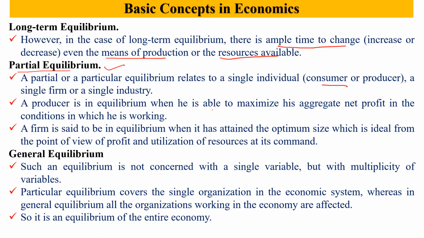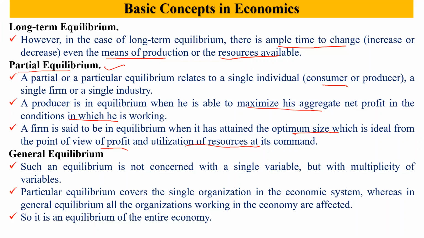A producer is in equilibrium when he is able to maximize his profit in the condition when he is working, and a firm is said to be in equilibrium when it attains the optimum size, which is ideal from the point of view of profit and utilization of resources at its command. So when we are talking about the single unit, then it is the partial equilibrium.